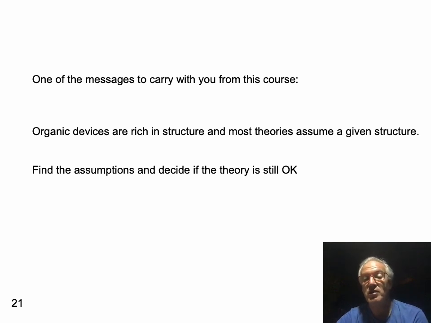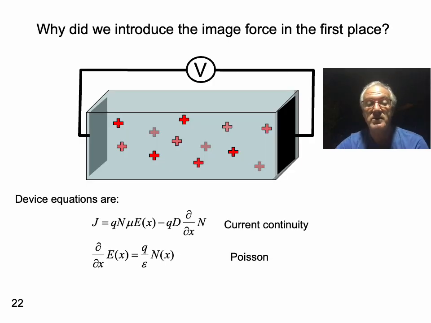And for example, one of the questions is why should we care about this image force that is being produced by a metal? Because if we are really going to solve devices, we're going to use a semiconductor device model. And in a semiconductor device model, we have all the equations we need, right? So this is like the semiconductor. We have two contacts.